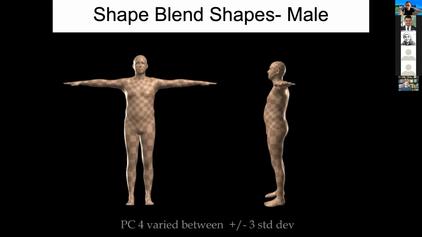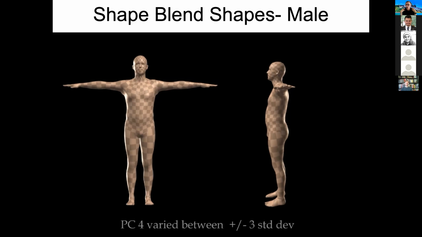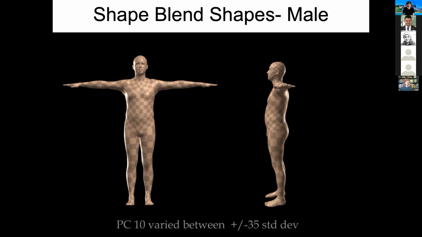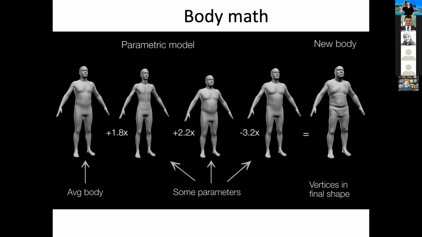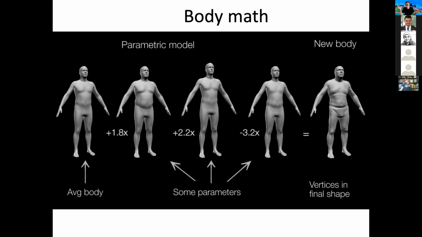Now, of course, there's ambiguity there. If somebody has a hunch, for example, is that a posture thing or is that their body shape? It's a little ambiguous. It's not actually properly defined. But here, this should look like pure shape variation to you and no pose variation. It's pretty much true, and that's the case if it's well factored. Once you have such a thing, then we can just do simple body math.